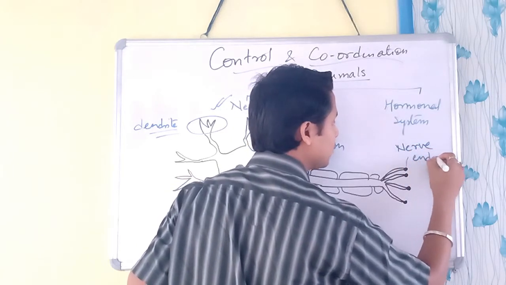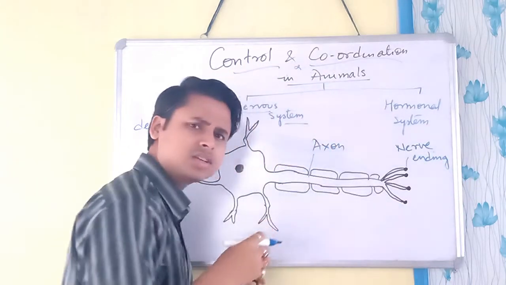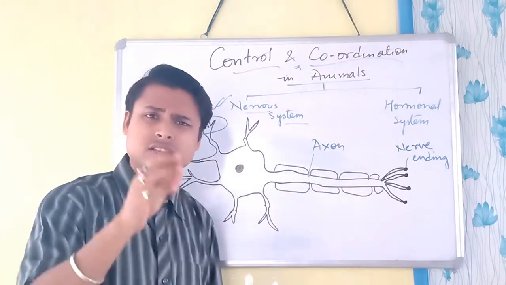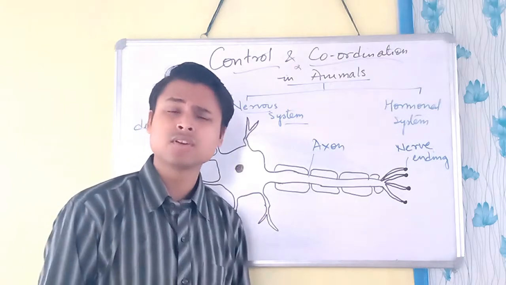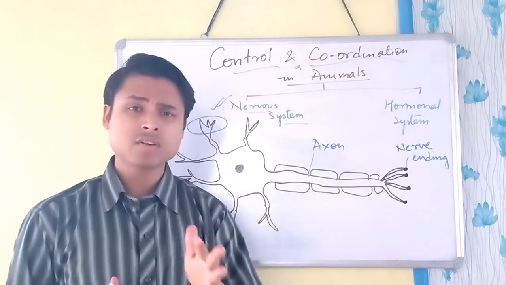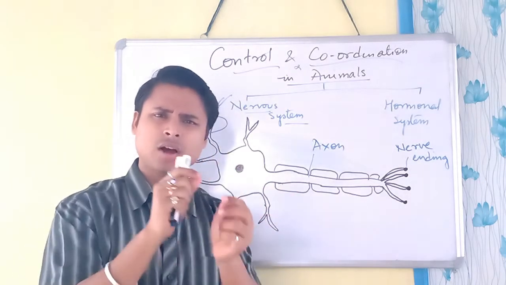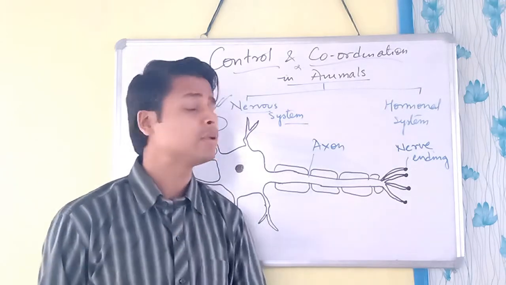These things are asked indirectly. Label the part where the information is received, where it travels. They ask like this, and you just have to draw and then label it.